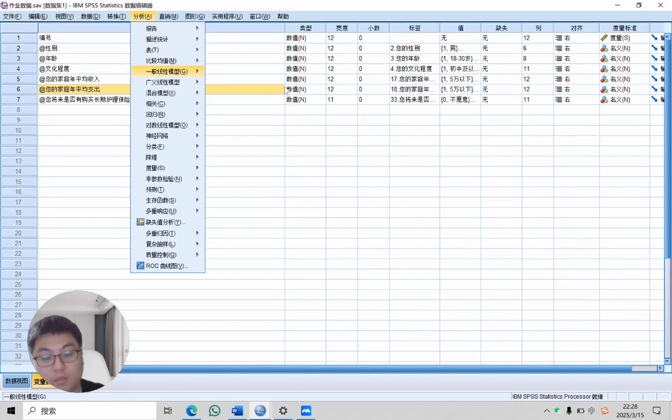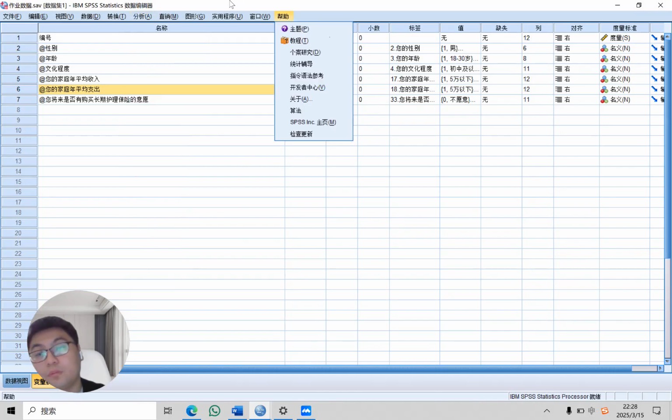Before conducting the correlation analysis, we generally require that the data be independent, meet bivariate normality, and have no outliers. Generally, an R greater than 0.8 indicates strong correlation.